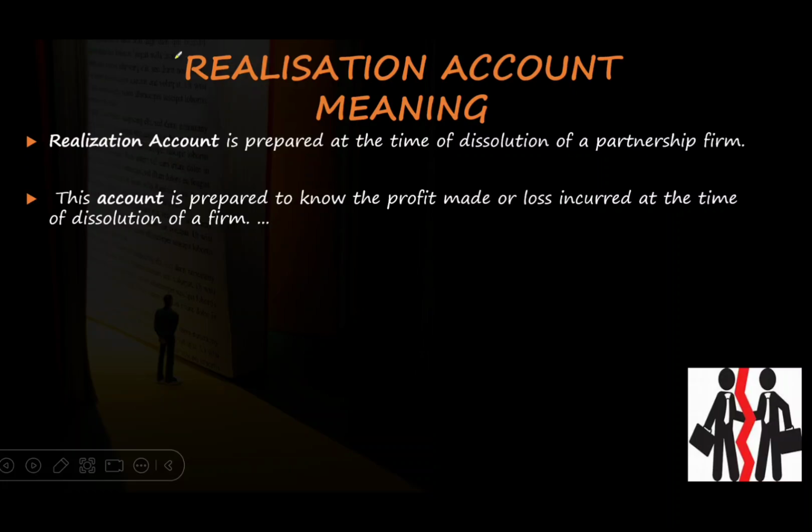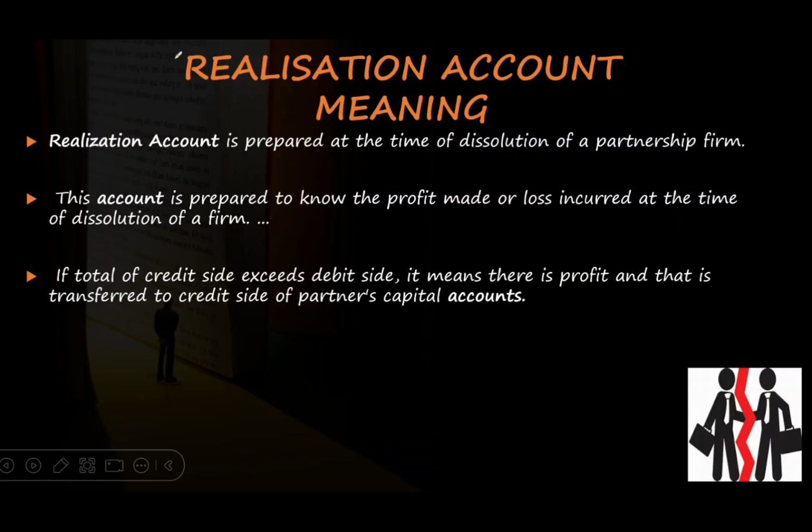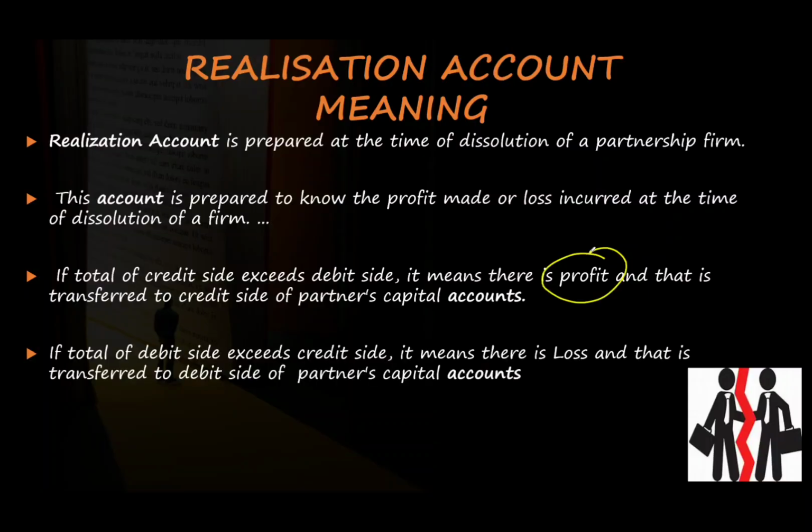Here, if the total of the credit side exceeds the debit side, it is a profit for the firm, and this profit is transferred to the credit side of the partners' capital account. But if the debit side exceeds the credit side, it means there is a loss, and this loss is distributed to the partners' capital on the debit side of the partners' capital account.